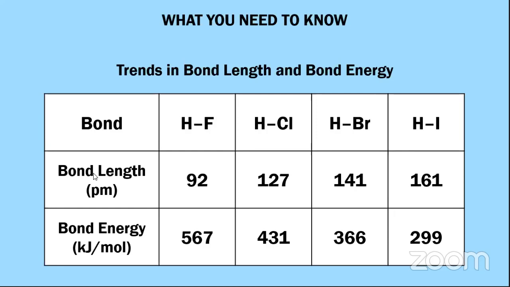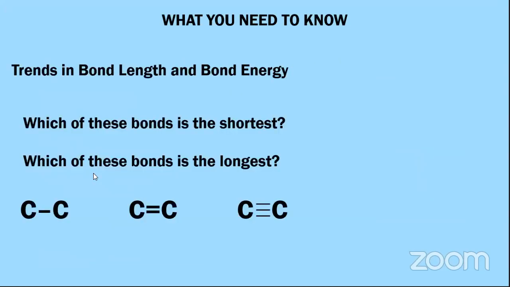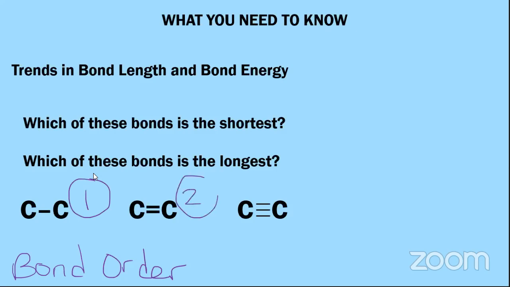All right, since we looked at single bonds, let's talk about double and triple bonds. There is something called the bond order, which essentially means how many bonds you have between the atoms here. So we have a bond order of 1 for a single bond, a bond order of 2 for a double bond, and 3 for a triple bond.